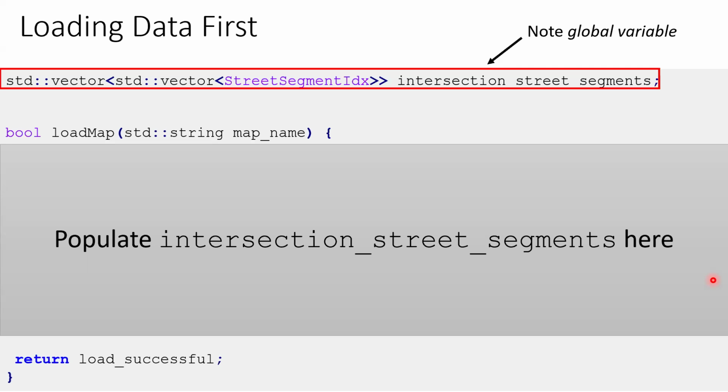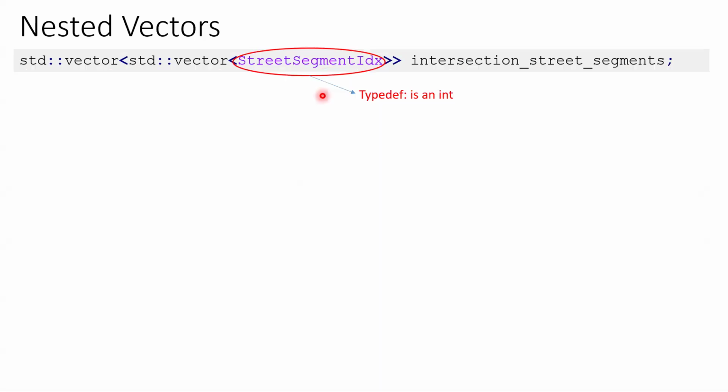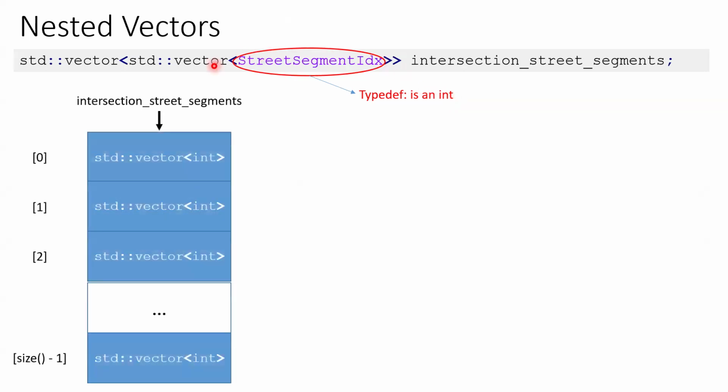So let's create a global variable that's a vector of street segment IDs. What this visually looks like: the street segment index is a typedef to integer, so it's a vector of integers. The entire thing is then a vector of vectors of integers.